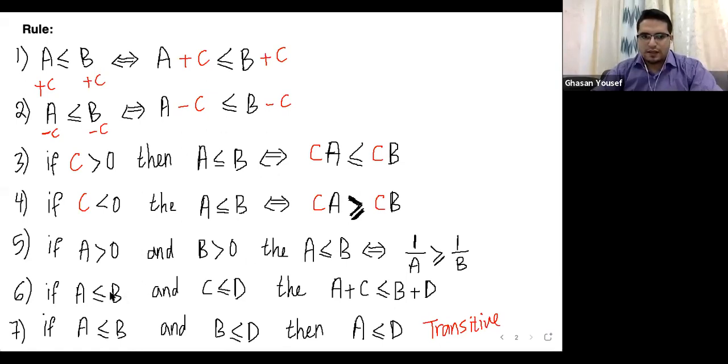Number 6, if we want to add two inequalities, and number 7 is the transitive property: if A is less than or equal to B, and B is less than or equal to D, then A is less than or equal to D. These are rules we're going to use a lot for solving inequalities.